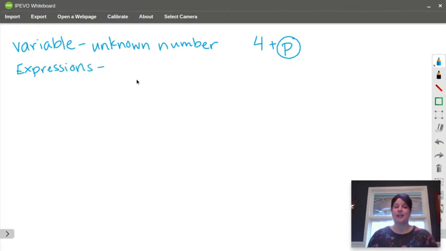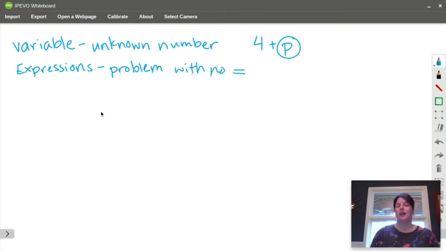So an algebraic expression is a problem that has an answer that can change. So it's a problem that does not have a set in stone answer to it. We'll call it a problem with no equal sign.